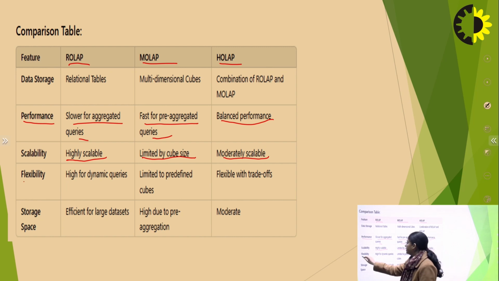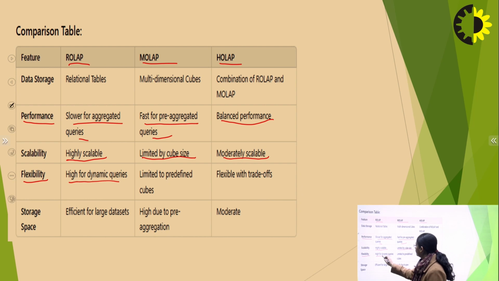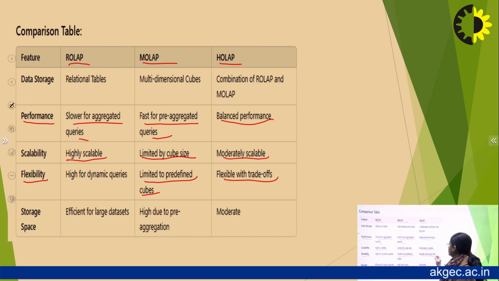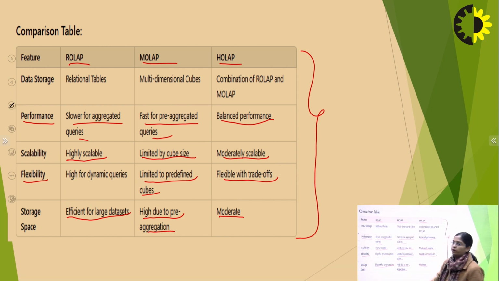When we talk about the flexibility, there is high for dynamic query, dynamic query limited to predefined cubes, and flexible with trade-offs. Storage space is efficient for large data sets, high due to pre-aggregation, and in HOLAP it's moderate. So, this is the chart of the difference between ROLAP, MOLAP and HOLAP. If it's asked in exam, you can write down like this.